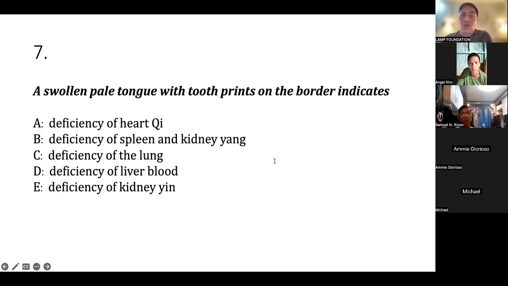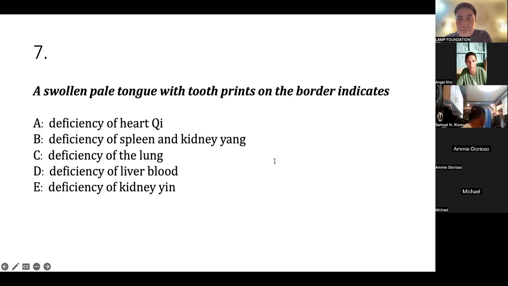Bakit nagkaroon ng tooth prints? Bakit nagkaroon ng teeth marks? Kasi po swollen po yung tongue niya, kaya po nagkaroon ng tooth prints. What caused the swelling of the tongue? Mahina ang spleen.